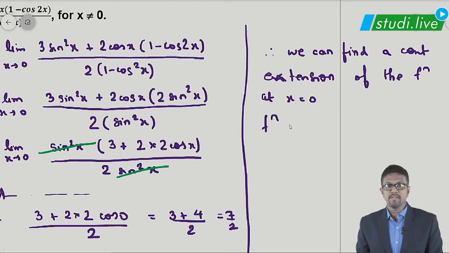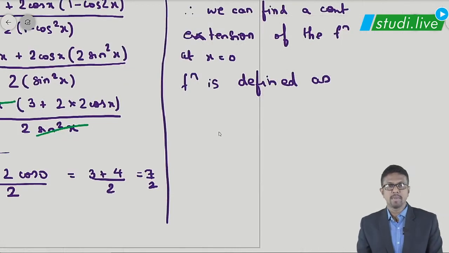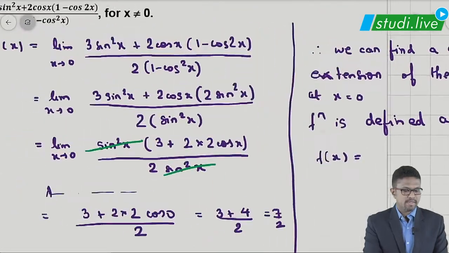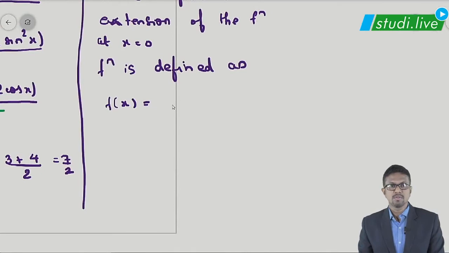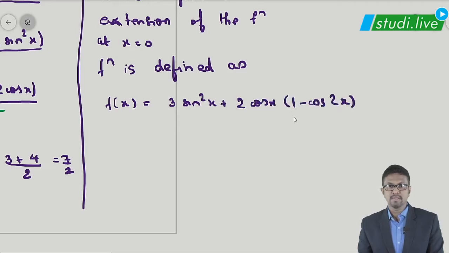The function is defined as follows. The function has to be continuous, so it should be defined like this. It is 3 sine square x plus 2 cos x into 1 minus cos 2x upon 2 into 1 minus cos square x.